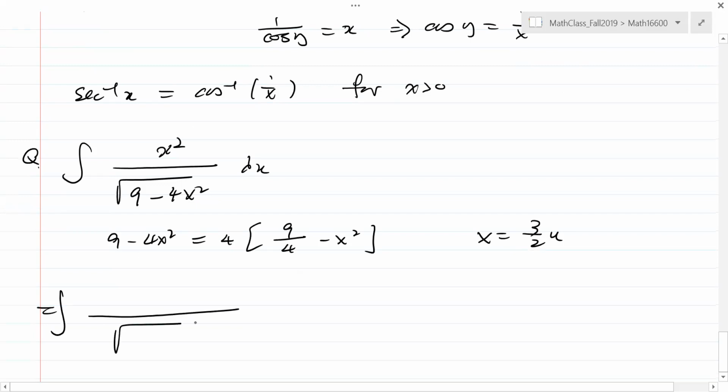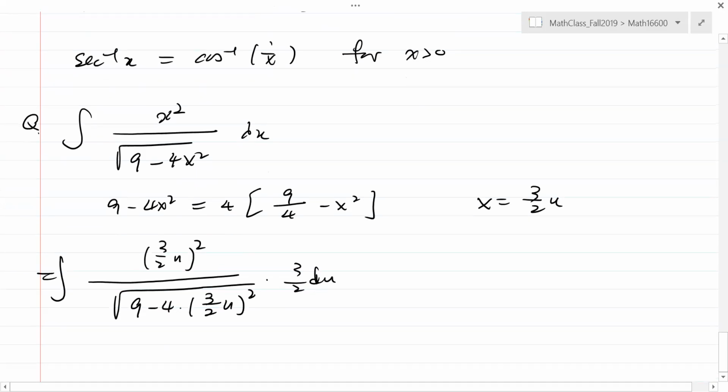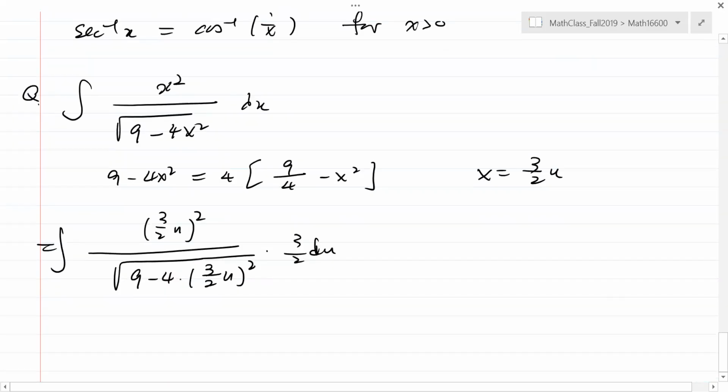You will get square root of 9 minus 4 times x squared, and you define x squared to be 3 over 2 u squared, and dx is 3 over 2 du. Okay, so let's simplify. Here's 9 minus 9u squared. Then here's 9 over 4 u squared.